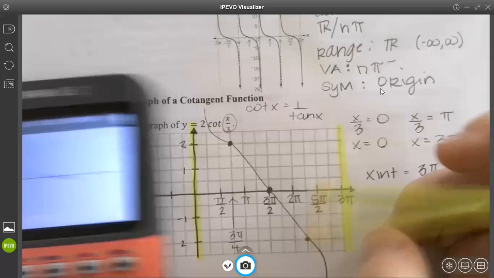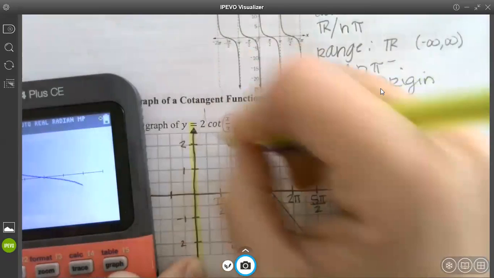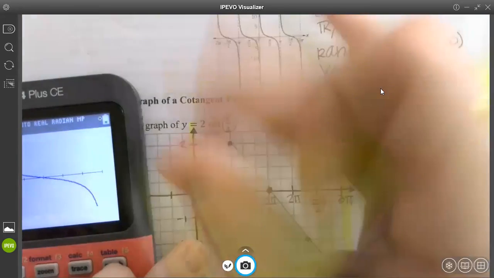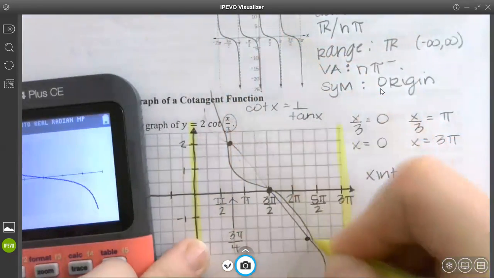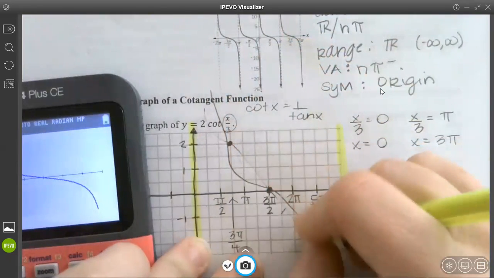So probably should draw it a little different. You don't have to. But it comes from down here, then goes over. It's fine though. Don't stress out.